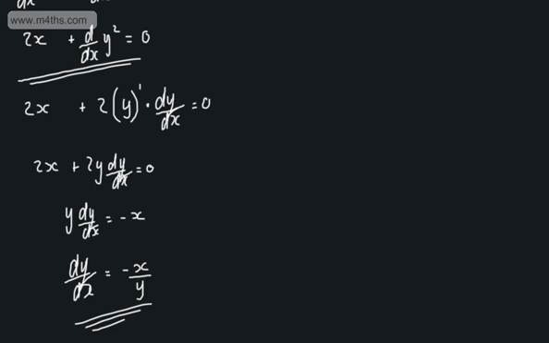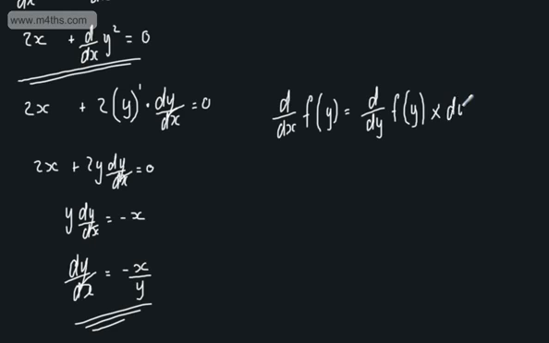So from this point, assuming y to be implicitly defined as a function of x, we can say, and this is a general result, the derivative with respect to x of f of y is equal to the derivative with respect to y of f of y multiplied by dy by dx.